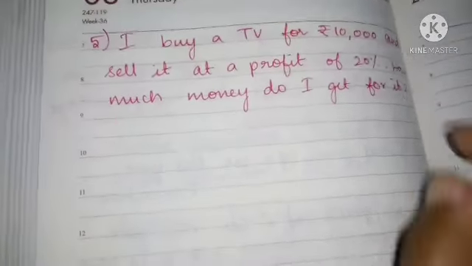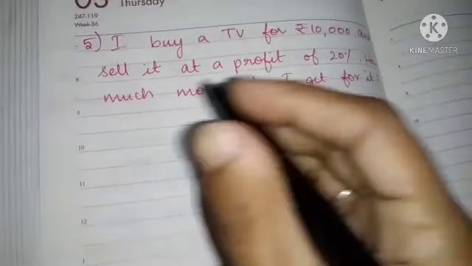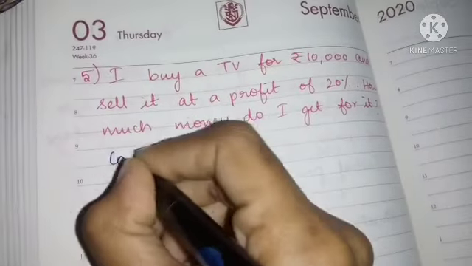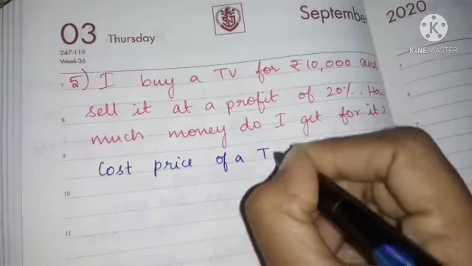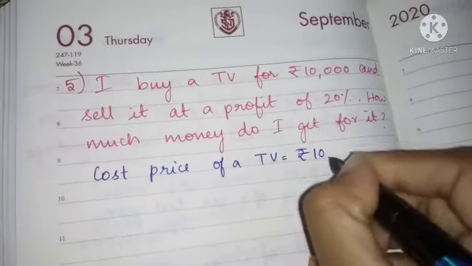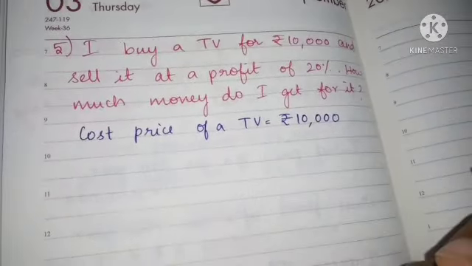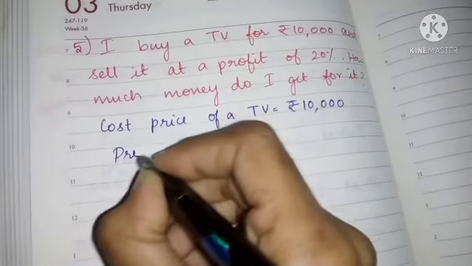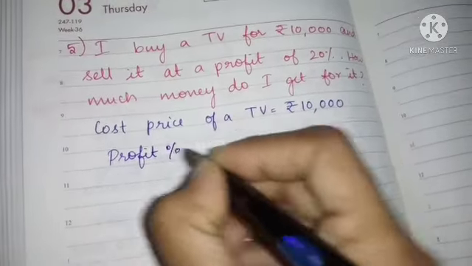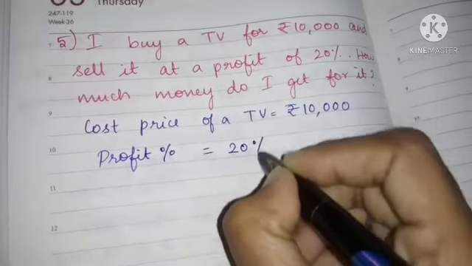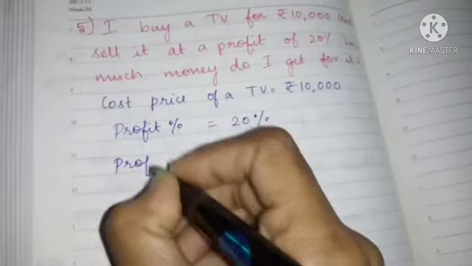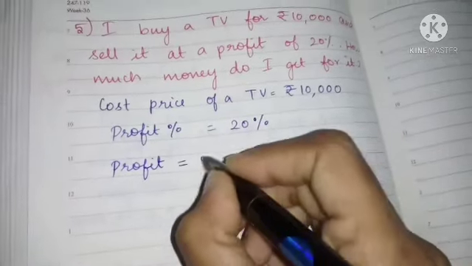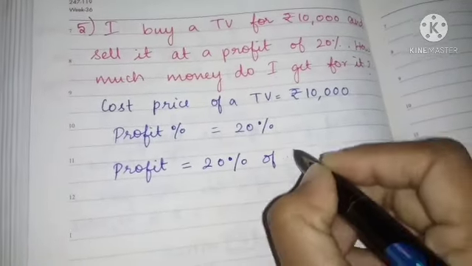Okay. So I buy a TV for rupees 10,000. So the cost price of the TV is rupees 10,000. Profit percentage is equal to 20%. So what is the profit? Profit will be 20% of the cost price.